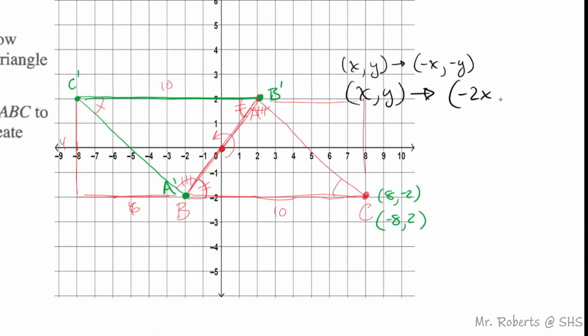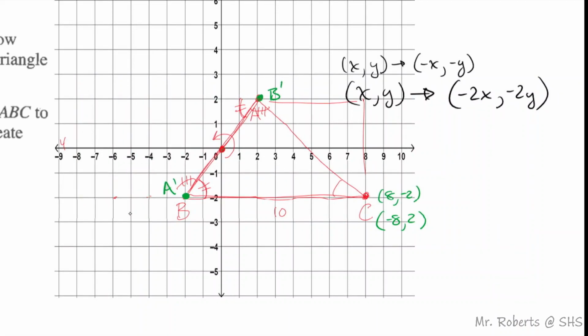So it's going to become this, comma, -2y. This is hard to look at now. I guess you could rewind if you wanted to look at this. Let me erase this and just think about the new one.